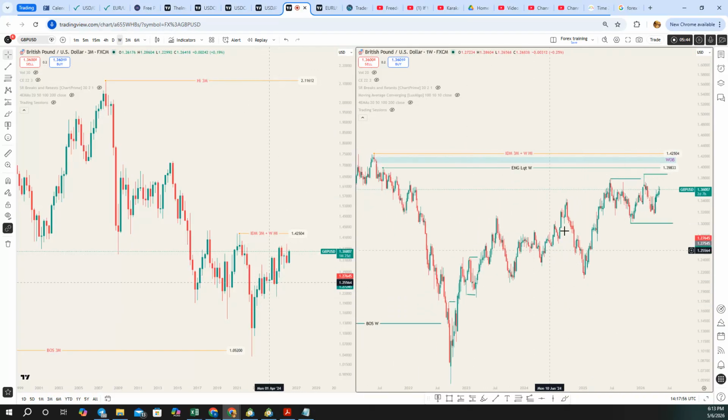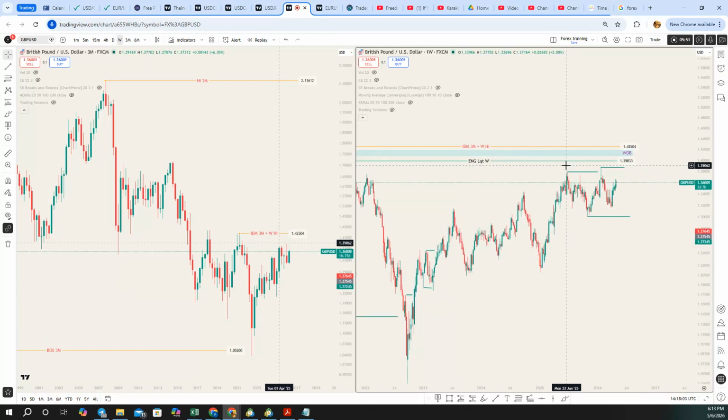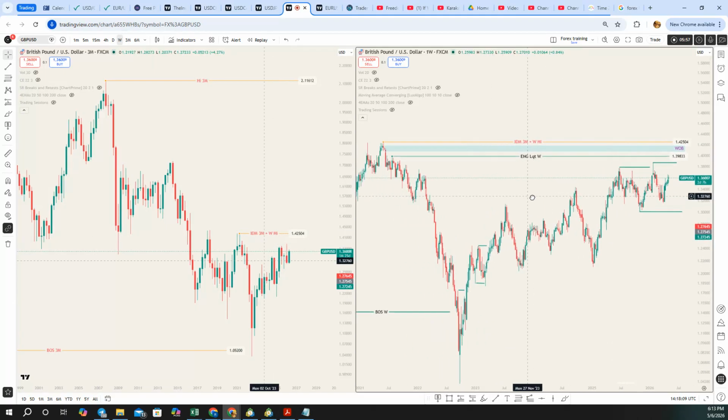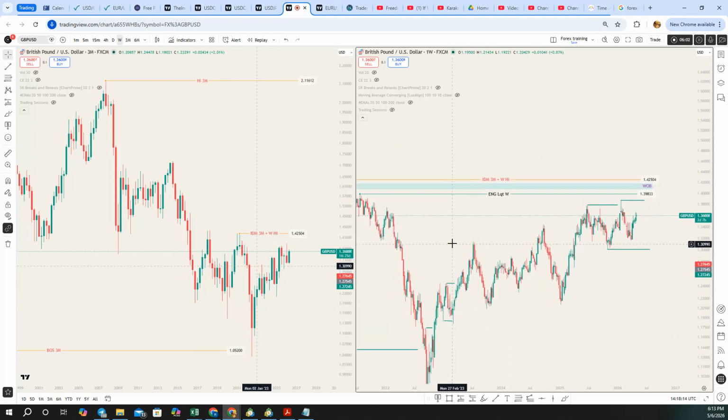But if on this 1 week, the weekly chart, those were not respected and the 3 month inducement was hit, that means the structure on the weekly changed character to become bullish on a 3 month structure that is bearish.